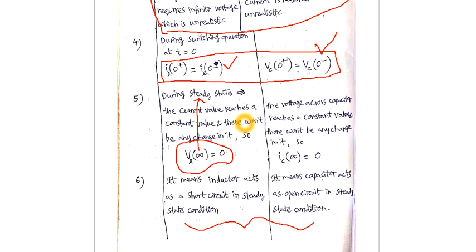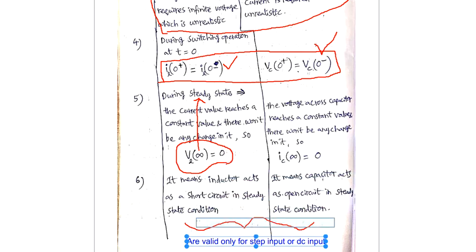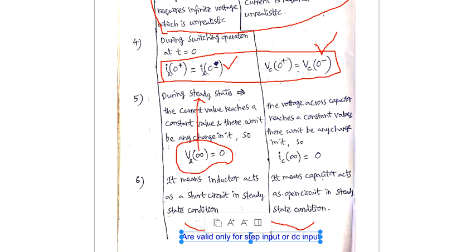So the steady state conditions for the inductor as well as the capacitor are valid only for step input or DC input. Very important point, guys.